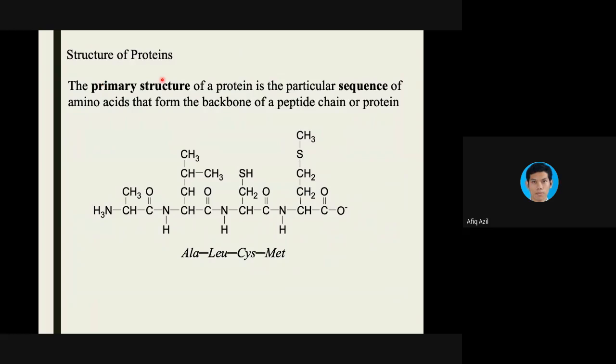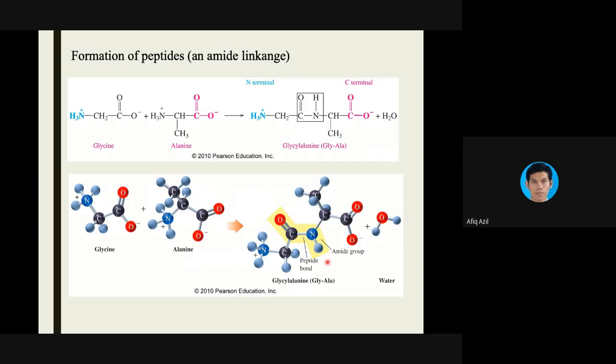So, structures of protein. The primary structure of proteins is the particular sequence of amino acids that form the backbone of a peptide chain or protein. That means to form a protein, you may need a few chains of peptide. Here you already form one peptide bond, but in reality, the amino acid peptide can be longer.